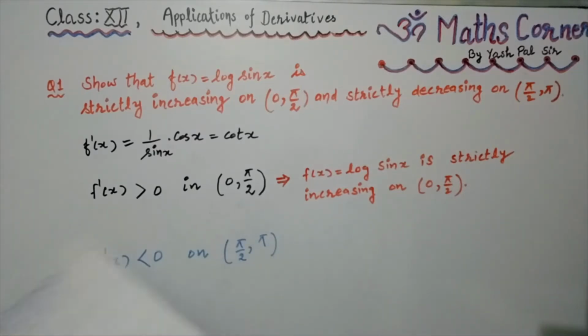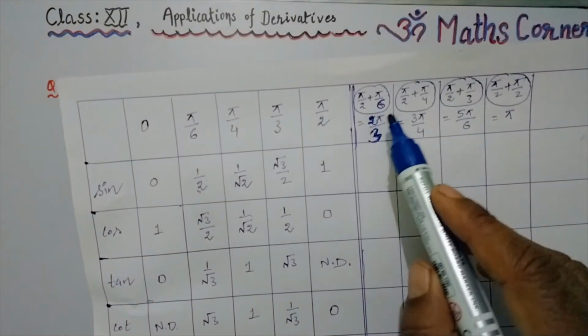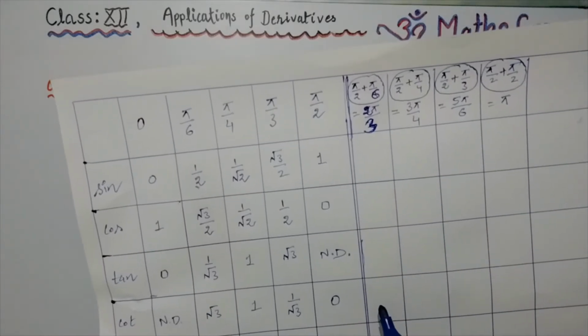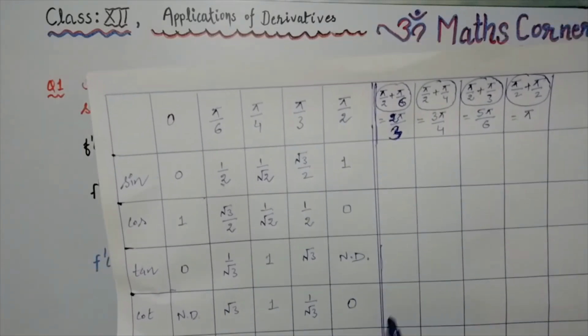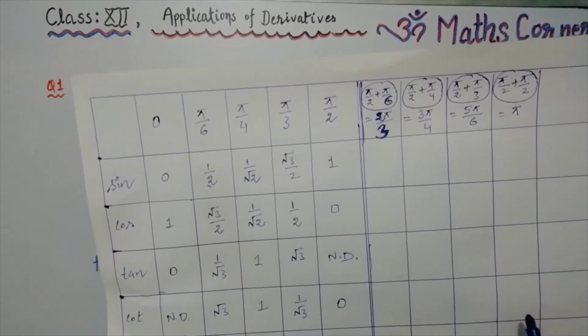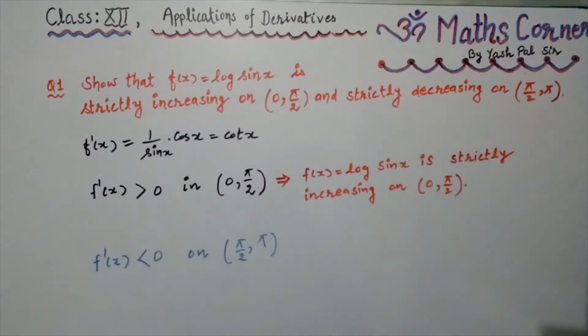How? Again we have the table. This is the table of cotangent x. After pi by 2, pi by 2 plus pi by 6, pi by 2 plus something means second quadrant. In the second quadrant, up to here, everywhere cotangent is negative. So cotangent is negative in the second quadrant up to pi.